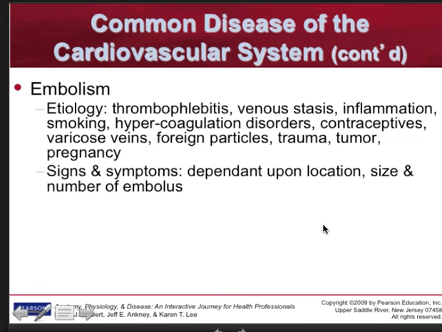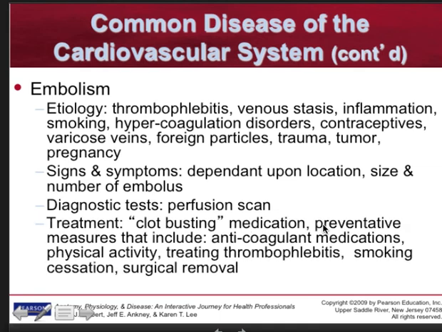Signs and symptoms depend upon the location, size, and the number of emboli. The diagnostic tests are perfusion scans, and the treatment is clot-busting meds. Preventative measures can include anticoagulants, physical activity to get the blood moving, treatment of thrombophlebitis, smoking cessation, and surgical removal of the blocked embolus.